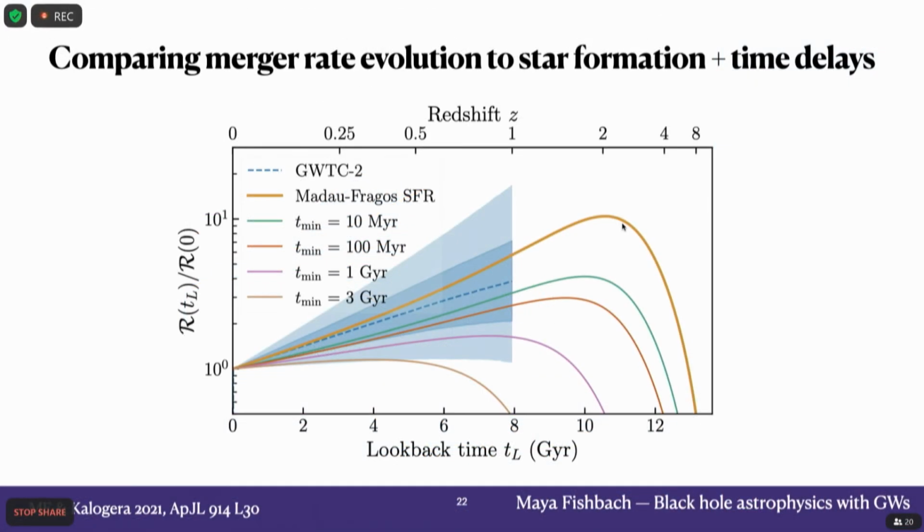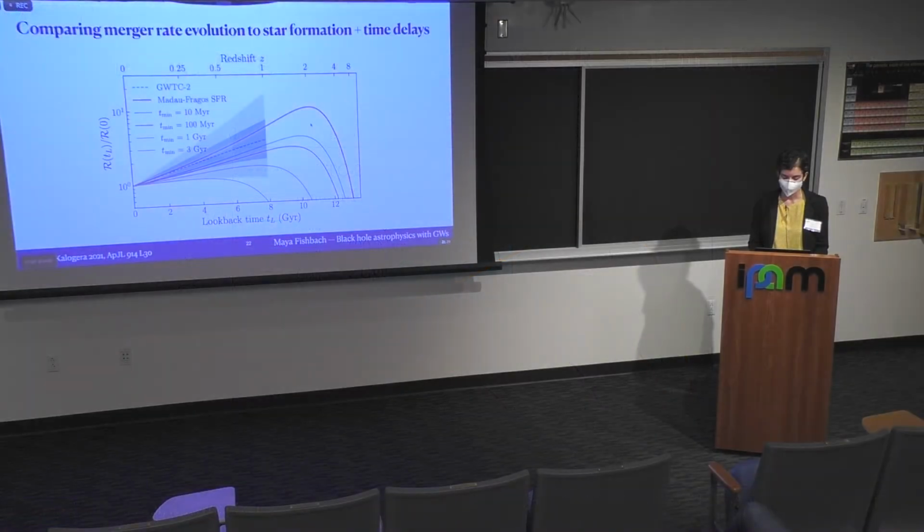And then if you assume that the progenitors of these binary black holes trace the star formation rate, but there's some delay time between the formation of the star and then the eventual merger of the binary black hole, those delay times, depending on what you assume, will lead to these curves here, these other colorful curves.